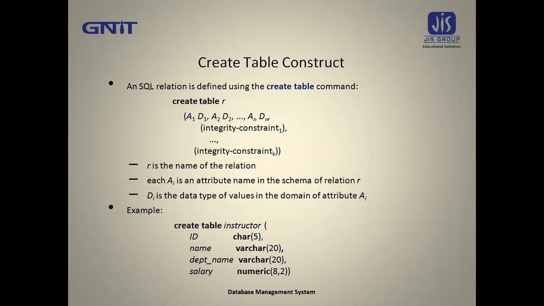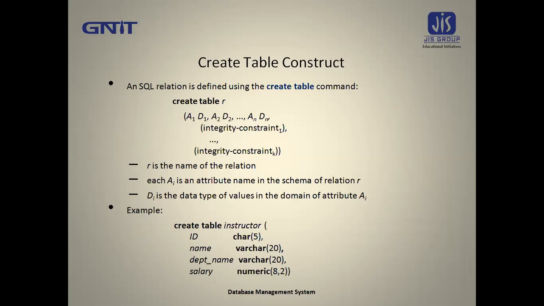ID, name, department name, and salary were the 4 attributes. ID is char(5), so ID can support length up to 5. Name is varchar(20), so someone's name length can be 10, someone's 15, someone's 20. That will be adjusted by SQL because you have specified the data type as varchar.